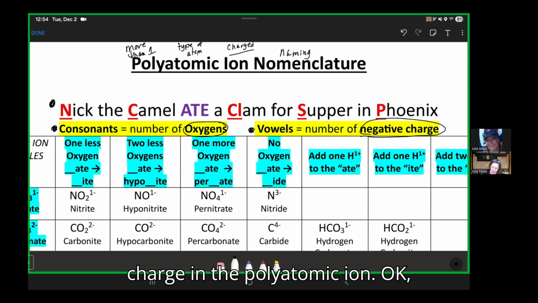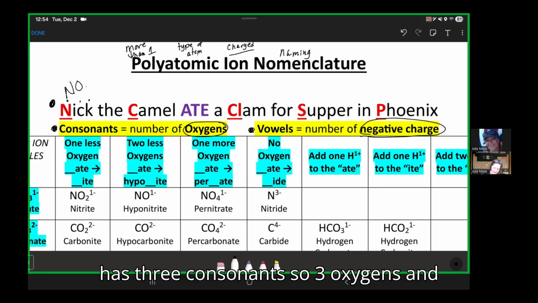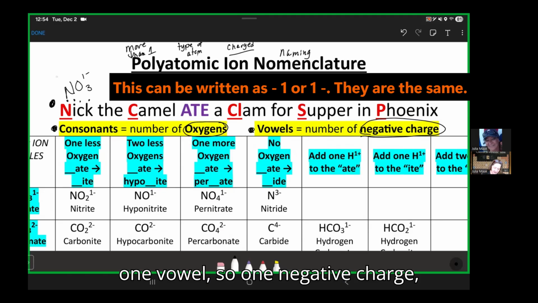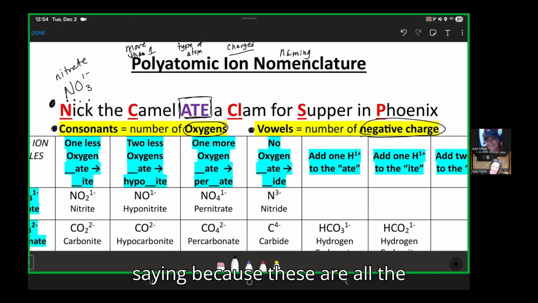Okay. So when we have nitrogen, Nick has three consonants, so three oxygens, and one vowel, so a one negative charge. That is your nitrate. And the word ate is in this saying because these are all the ones that end in ate. The last part of the word is ate.